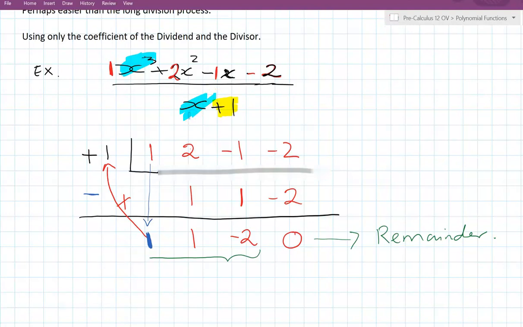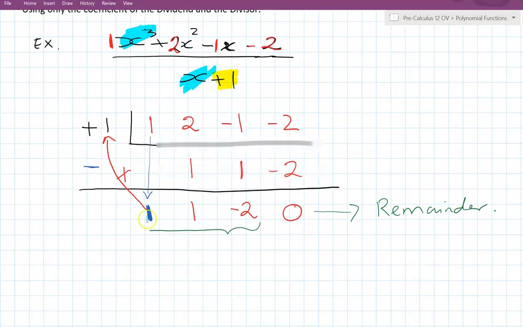So let's go through it and write that down. What is that? Well, that will be 1, so this will be 1x squared plus, and then this will be 1x, and then the minus 2 is just going to come down, and that becomes the constant term.